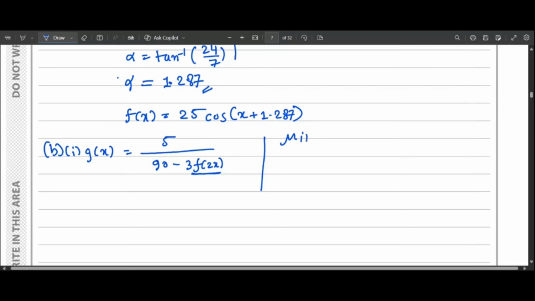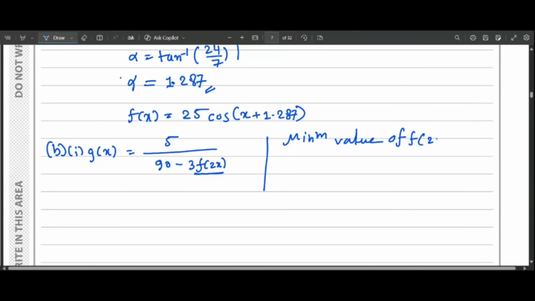We can write the minimum value of f(2x). First we will write the expression for f(2x). We know that f(x) is 25 cos(x plus 1.287). So we can write that f(2x) is equal to 25 cos(2x plus 1.287).